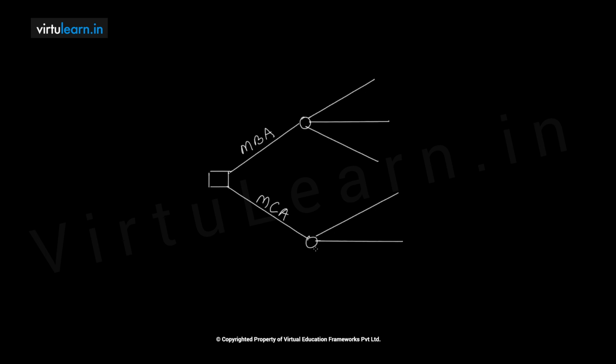This is a decision tree diagram, and we call it a decision tree because it appears like branches. Here this is 8 lakhs, where this is the average condition. This is when the market is good. When the market is bad, the probability of the market being bad is 0.2, and it is 4 lakhs.